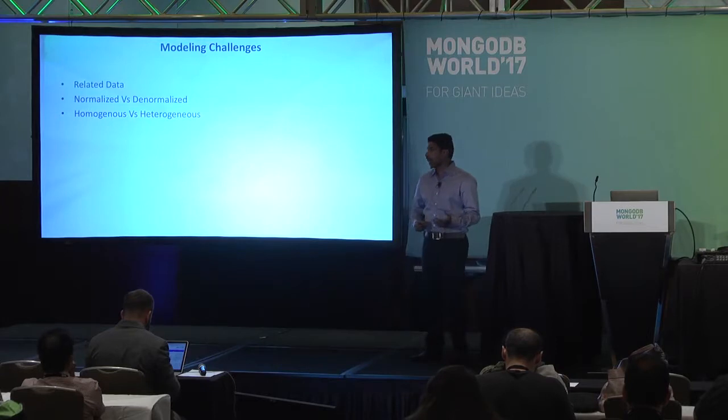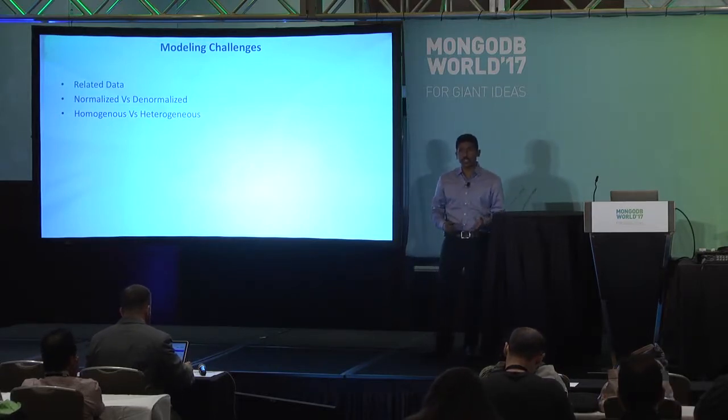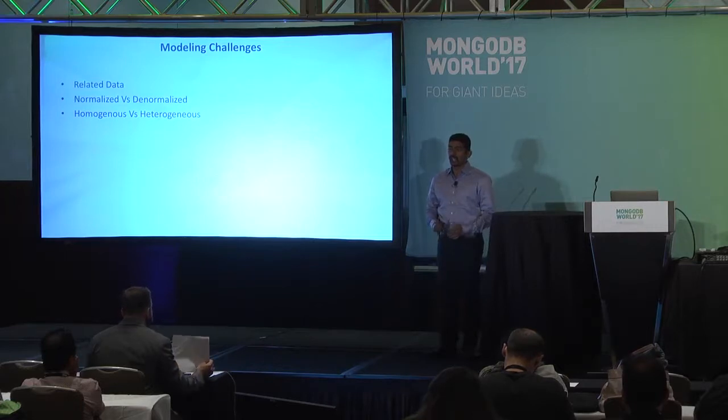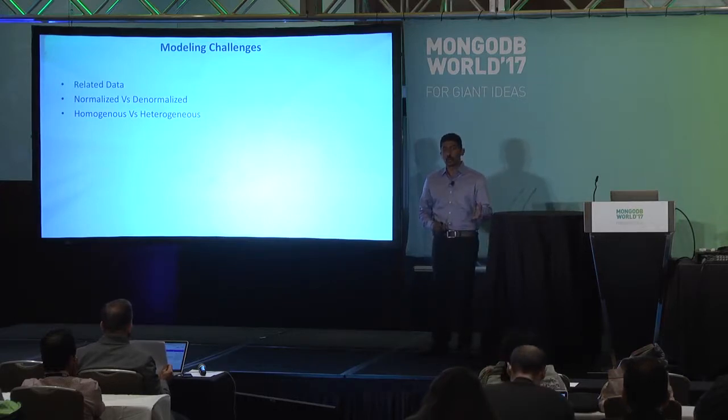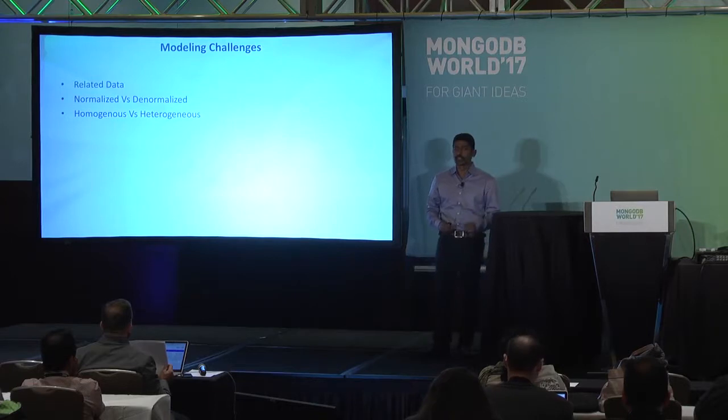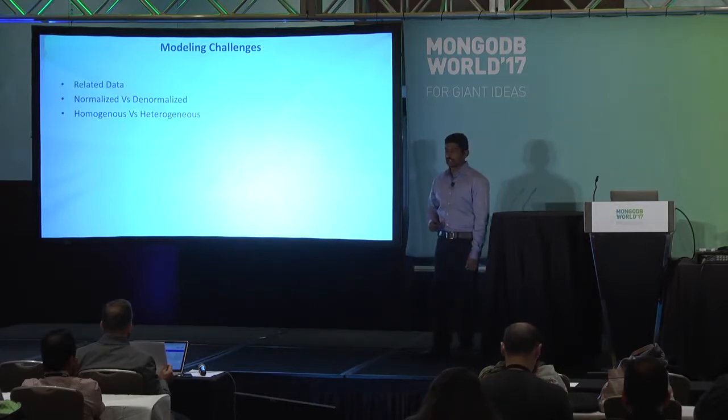We had to figure out how to deal with related information. Do we store it in a normalized way or a denormalized way? How do we deal with heterogeneous versus homogeneous sets of data? Having a good understanding of all the use cases and the kind of database operations we intend to perform for those helped us overcome these challenges.